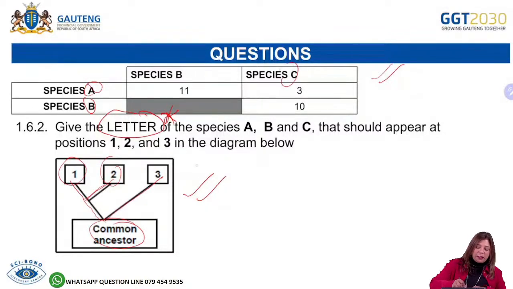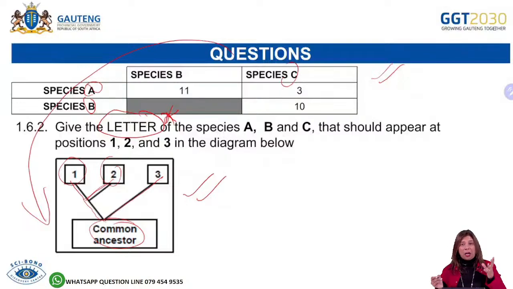They're saying we must fit it into this diagram here, and you must say where it fits in. So initially we did say, because there are only 3 differences between species A and C, that they must be closely related. So my guess is that A would be there and C would be there, or C would be at number 1 or A would be there, either or, okay?